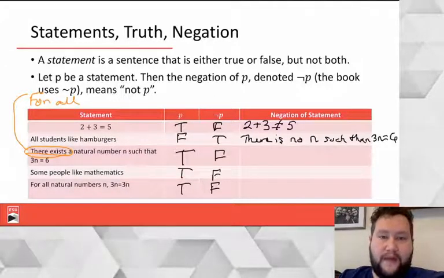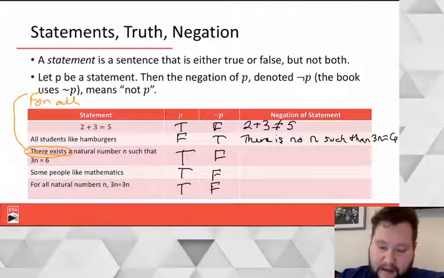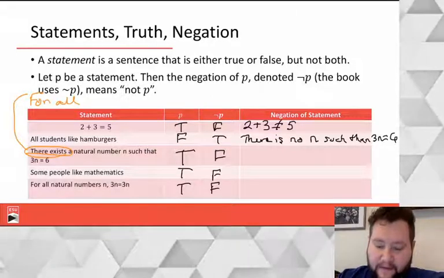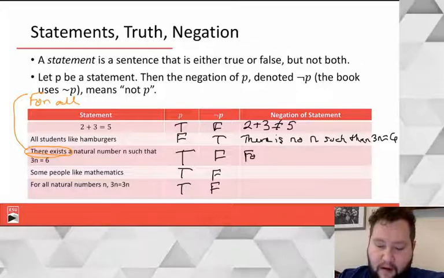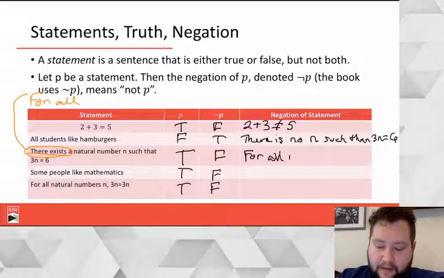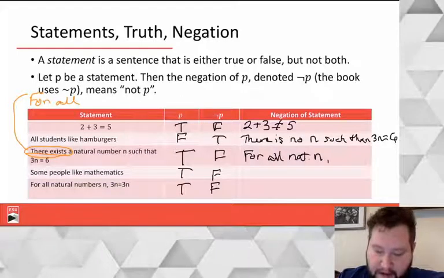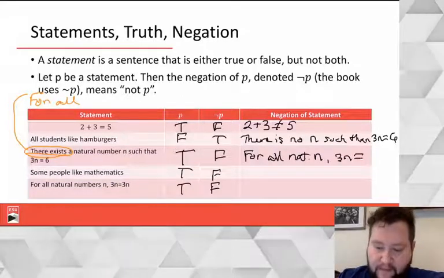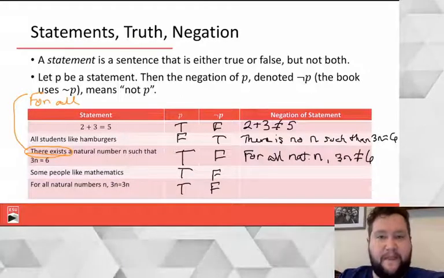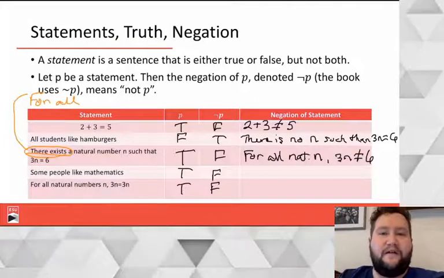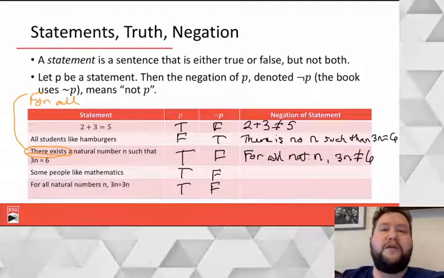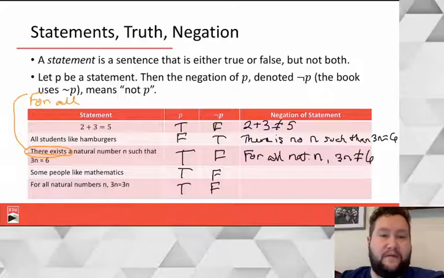Or you could say, and I'm going to write this and then I'll erase it, for all natural numbers n, 3n does not equal 6. Right, so you can see how they're equivalent. For all of them, it isn't equal.